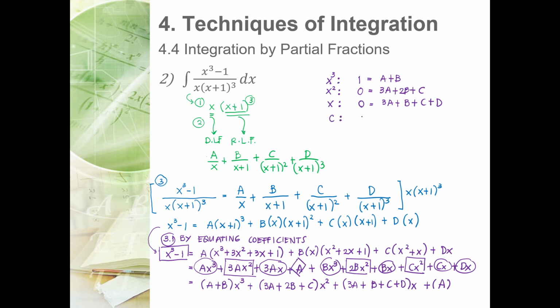On the left side, that's negative 1. The right side is only one constant, which is A. So we have 4 equations to solve. Since you have 4 unknowns, you need 4 equations, and it's valid because we have 4 equations created.